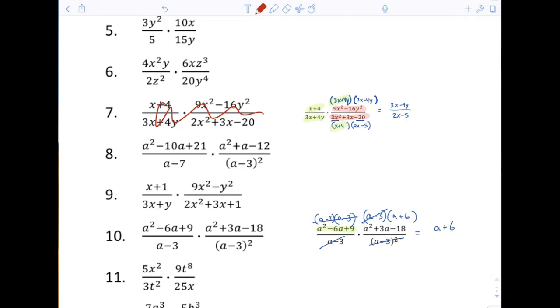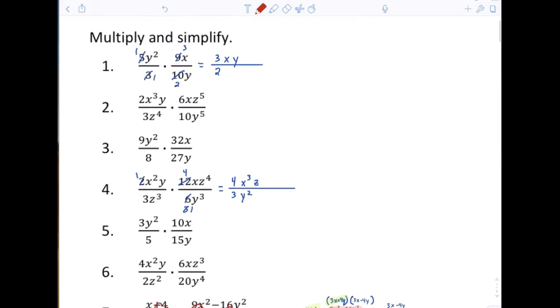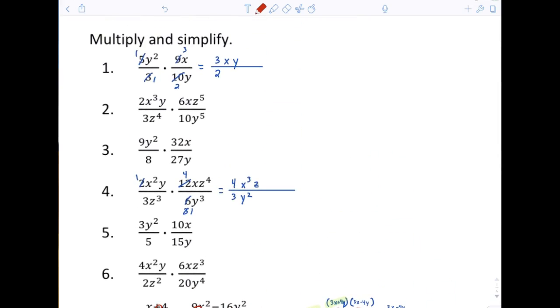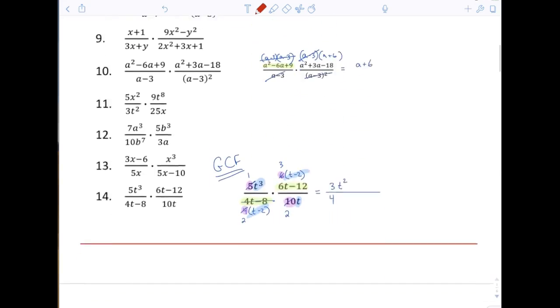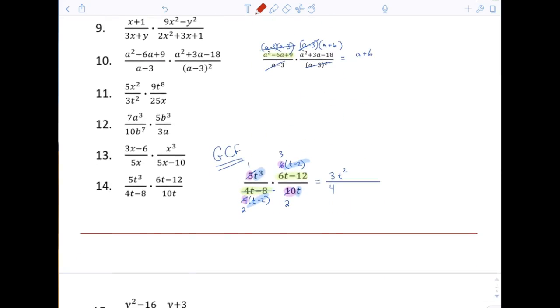If you're out of room, you can add a page and bring it down. I don't want you just crossing things out. Now, the first several right here, I don't really care if you cross those out, because there's not a lot of factoring involved. It's just reducing. So again, multiplying and dividing is the same. Make sure you knock out 1 through 14.